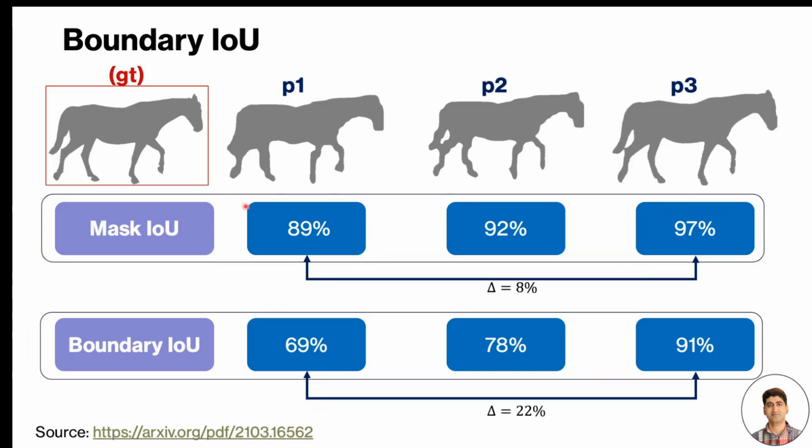So that means mask IOU is not sensitive enough at the boundaries. But there is another metric called boundary IOU, which shows a significant improvement from P1 to P3. So that is 22% improvement from P1 to P3. So boundary IOU has more focus toward the boundary pixels of the predictions.